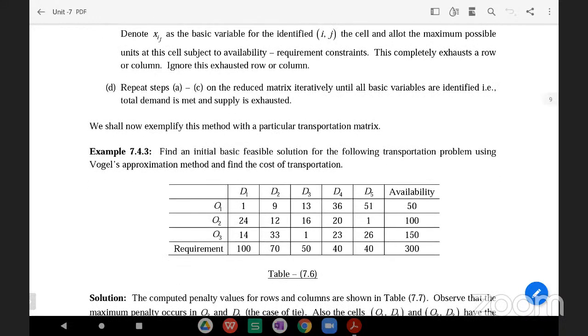Next, we will go to the Vogel approximation. Once you read it, if you have any doubt, please call me and I will explain it in this place.